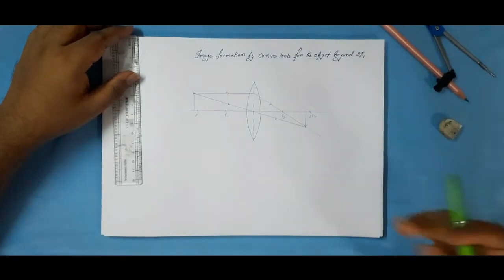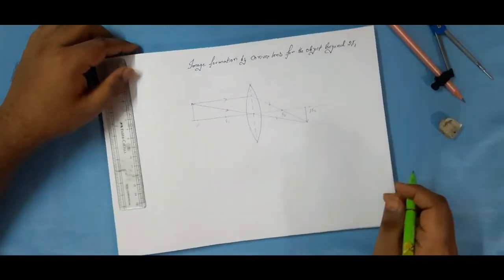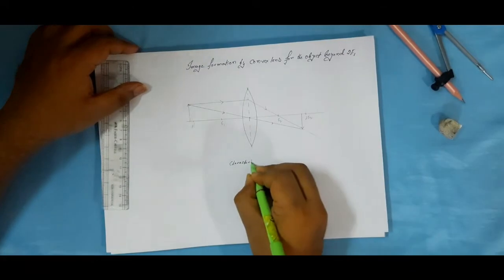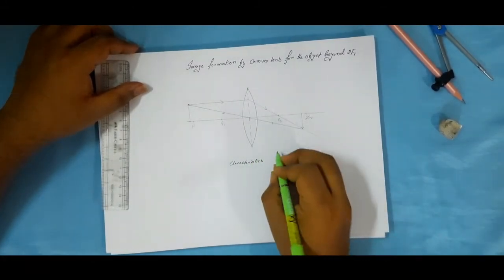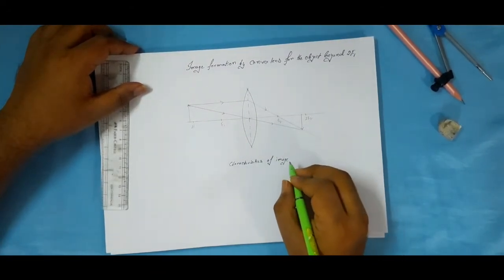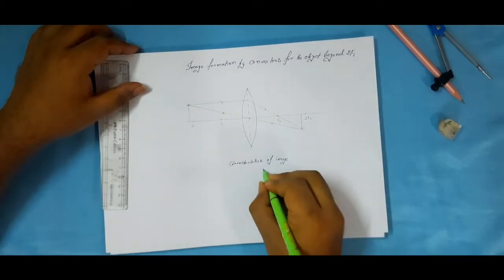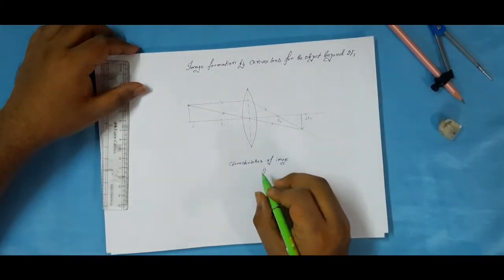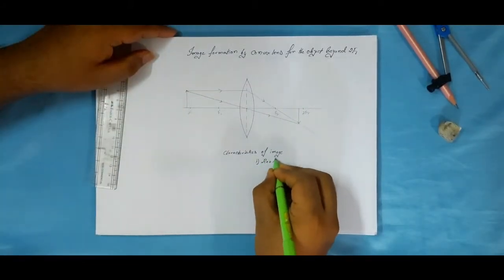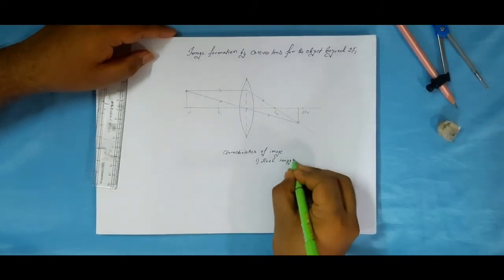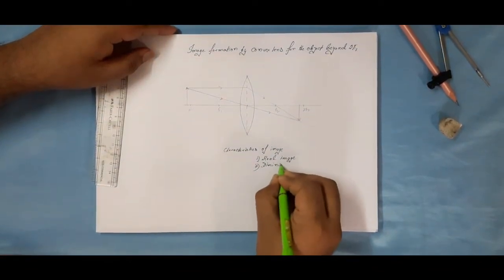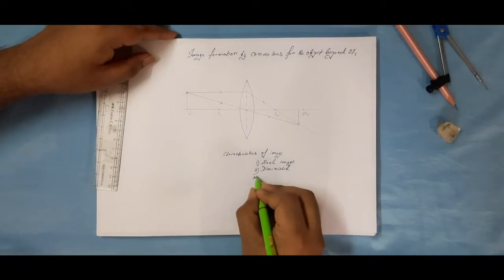So the characteristics of image: number 1, real image, number 2, diminished, number 3, inverted.